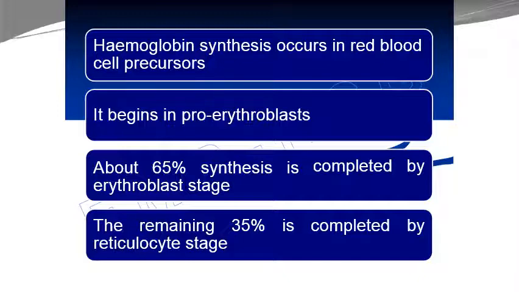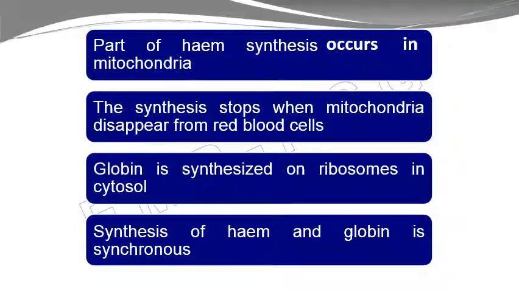Now, part of the synthesis of hemoglobin also takes place in the mitochondria. See here, part of the heme group synthesis will also take place in the mitochondria. Now, the synthesis will stop when the mitochondria disappear from the red blood cells. We know that in mature red blood cells, we don't have any mitochondria.